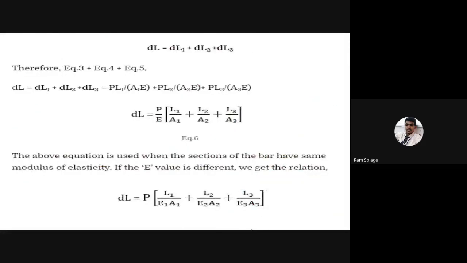Now write down. Therefore, total change in length. Write down everyone.